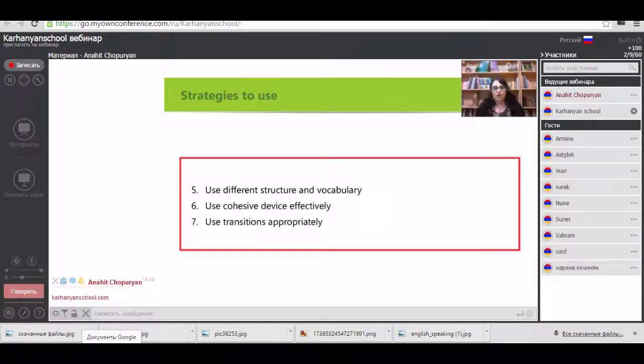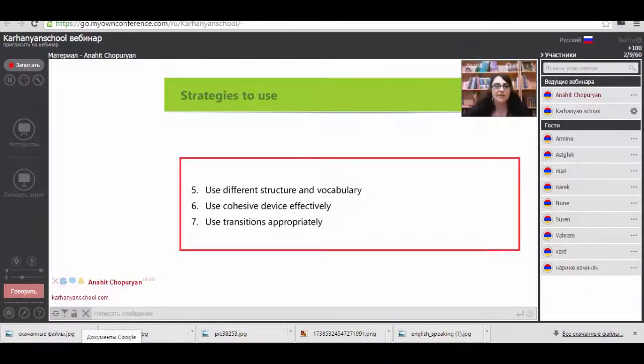So use different structures all the time, not the same. For example, present simple all the time, present simple with the to be verb. It doesn't sound good, and it sounds somehow that you don't know grammar properly, you don't know some vocabulary parts. So this can be not good for you.